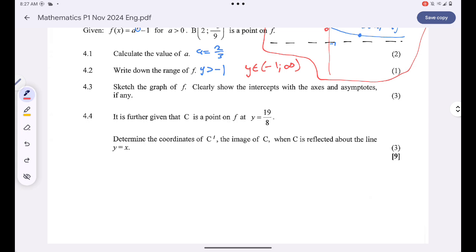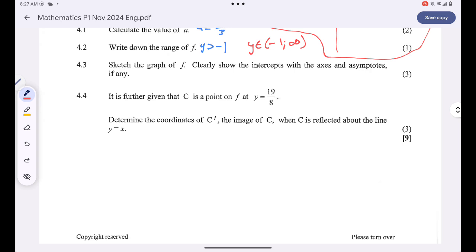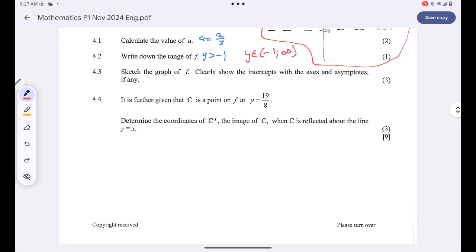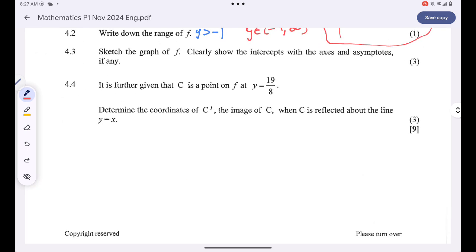Before we can find the image of the point, I believe that we must just find the x coordinate of the point, because we only have the y value. Are you together? We only have the y value. The x coordinate of a point is sometimes called an abscissa, and the y value is an ordinate. I saw a question like that in the prelim that was written in 2025, but it's fine.